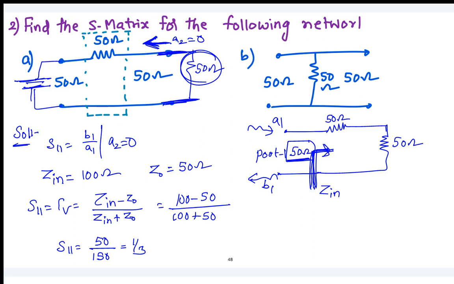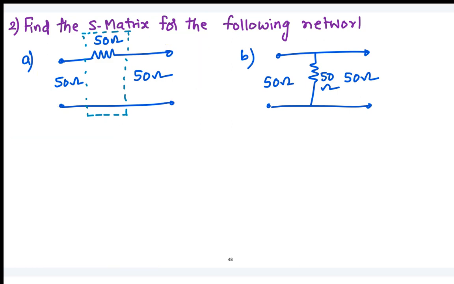Do you have any questions here? The value of S11 is equal to 1 by 3. Now can you do the next case, S21? Even if you are measuring S21, 2 by 3. What is the formula you have used? Sir, transmission and reflection sum equals 1.